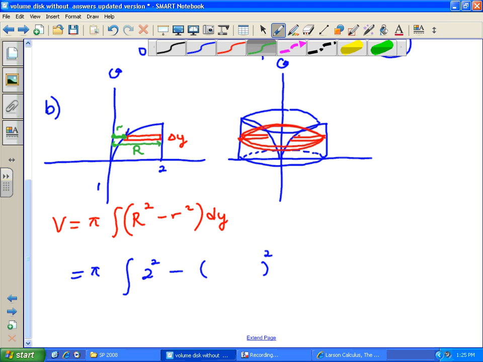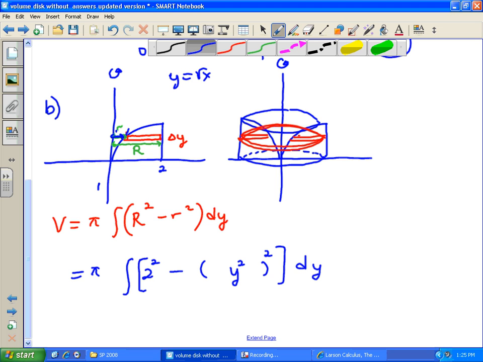Because earlier we decided this problem was going to be set up in terms of the y variable, right? So normally the distance to the y-axis is given by x. But for this question, what will it be? Exactly, because x is equal to y squared since the given function was y equals root x. If you solve for x there, x is equal to y squared. So I need to put here y squared.